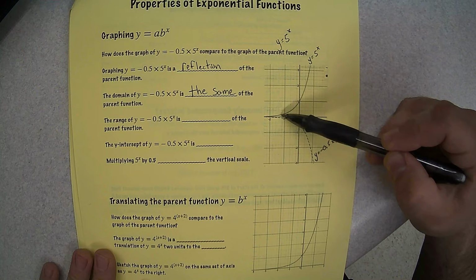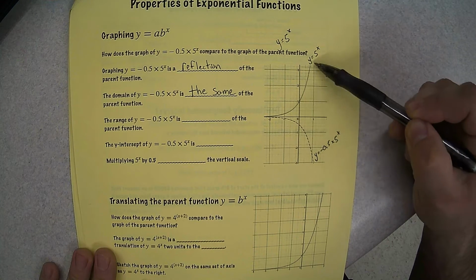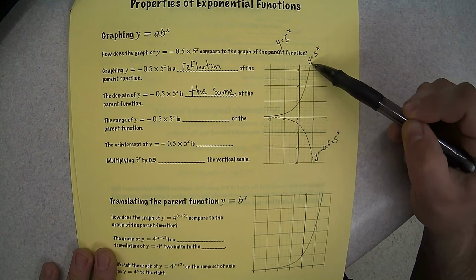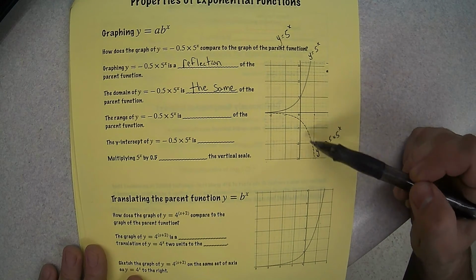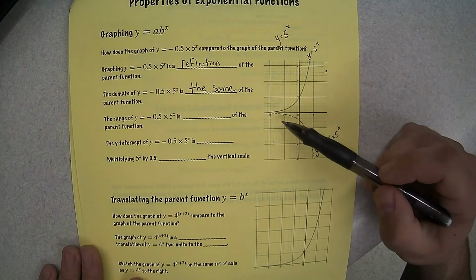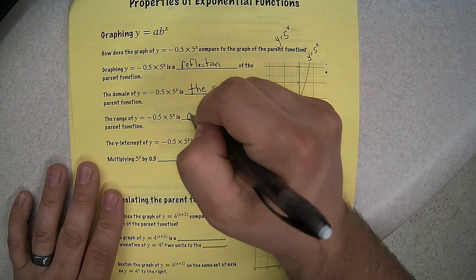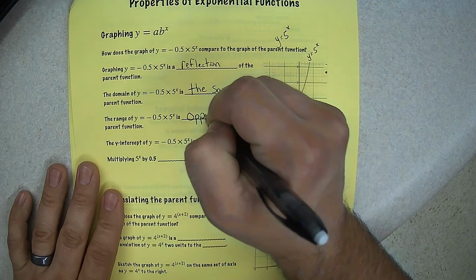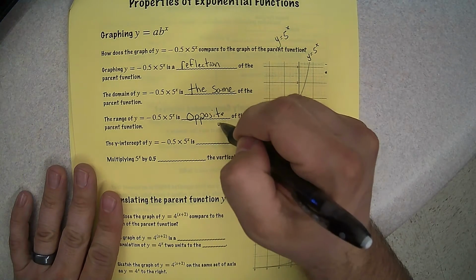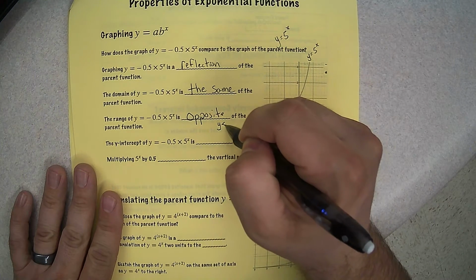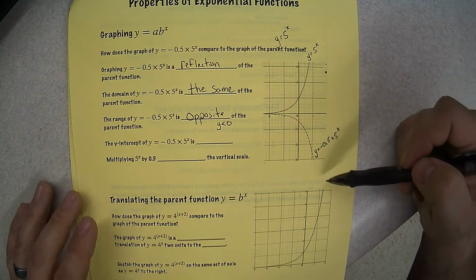In our parent function, the y values are all y values greater than 0. But because we reflected over the x-axis, they are now going to be the opposite, or y is now less than 0.